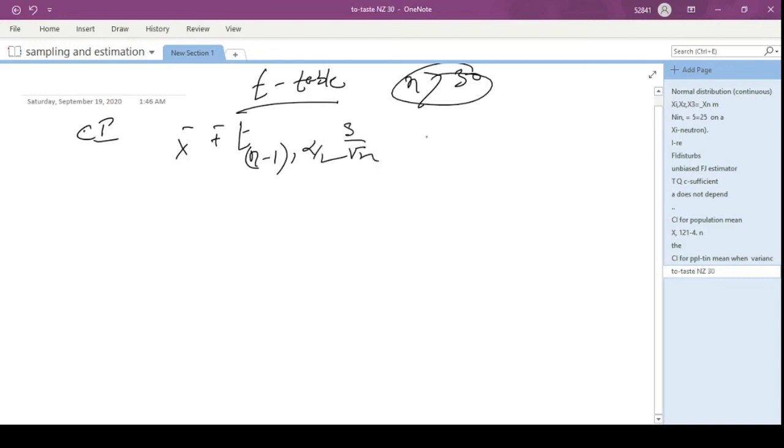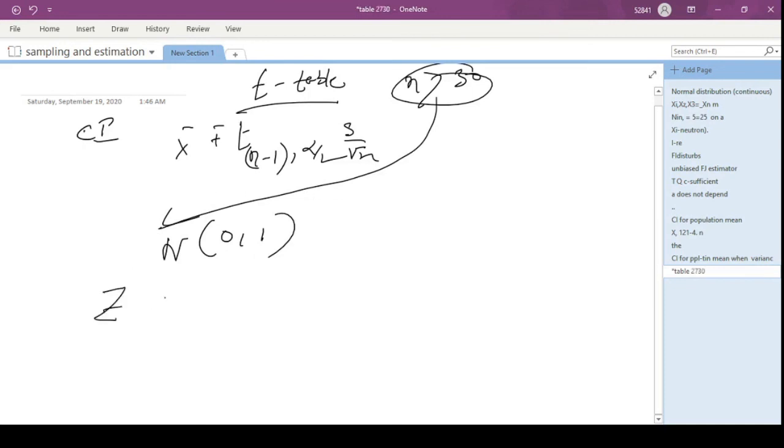But if n is greater than 30, then it tends to behave like a normal distribution, and we can say that in this case it will follow a normal distribution because we do not have a t value in the table, and we can use it the same.